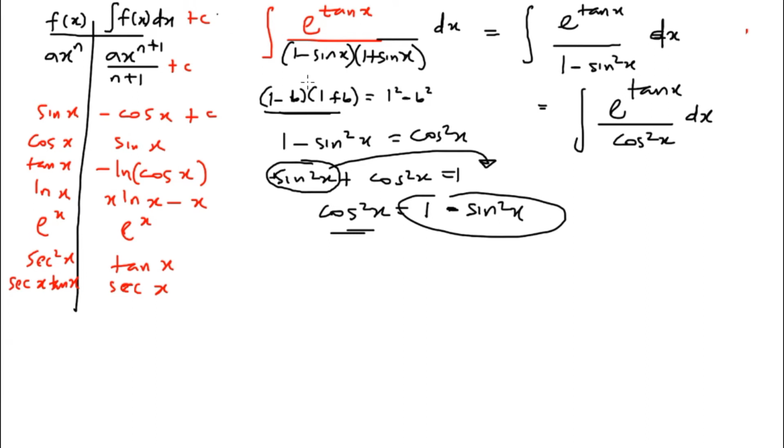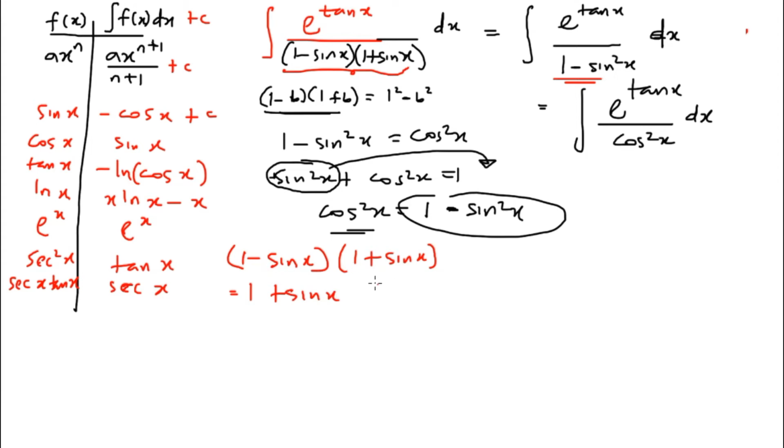Before I proceed, because some may not understand how the expansion brought about this, let me quickly expand it. 1 minus sine x, open bracket, close it, then 1 plus sine x. Expanding, that is 1 times 1, which is 1, plus 1 times sine x, that's sine x.